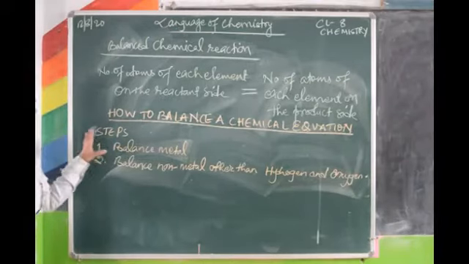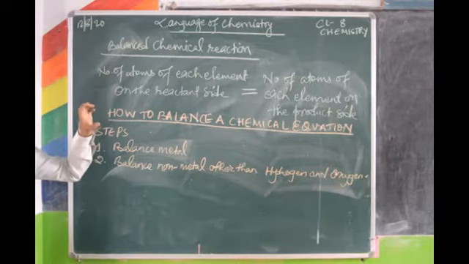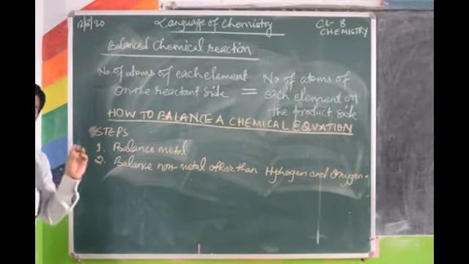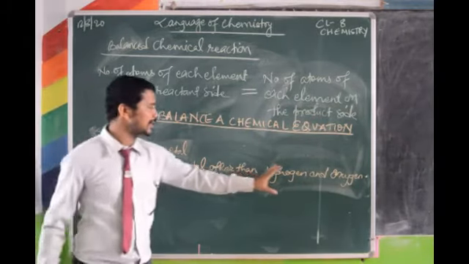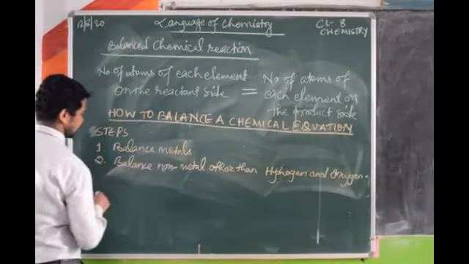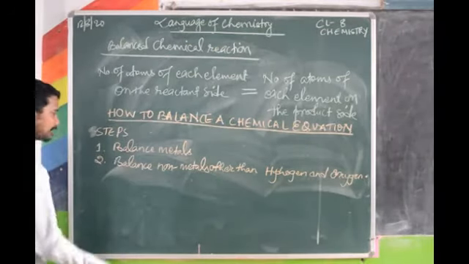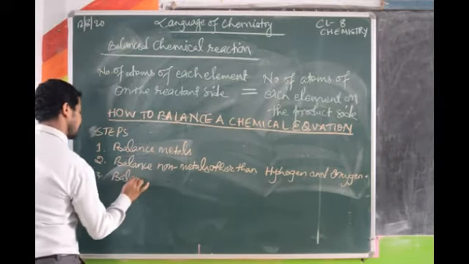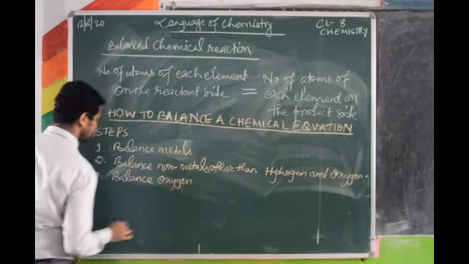So first of all, you see in a chemical equation which are the metals. Then first of all you balance metals. Then you balance non-metals other than hydrogen and oxygen. Then number 3 you can balance oxygen.